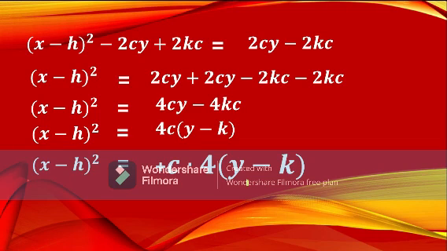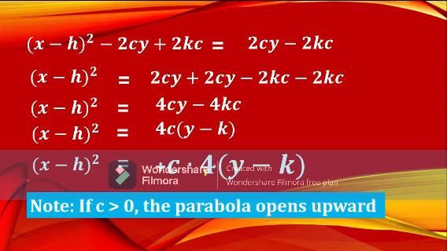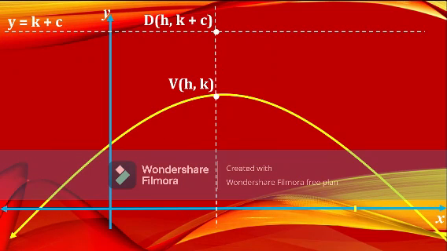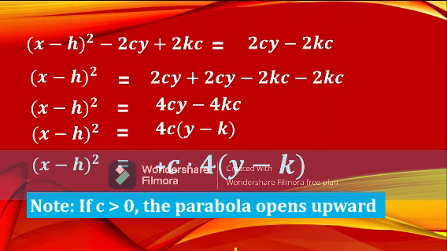Okay, again, using the distance formula, that's the reason how we were able to derive this standard form. Okay, let us proceed. Now, note if c is greater than 0, the parabola opens upward. Otherwise, if c is less than 0 or negative, the parabola opens downward.